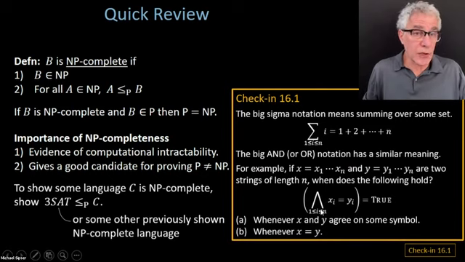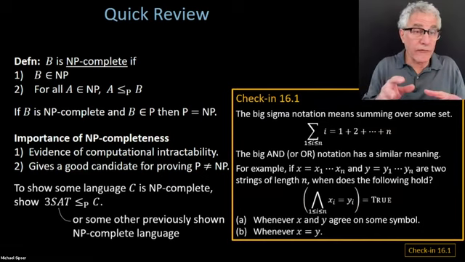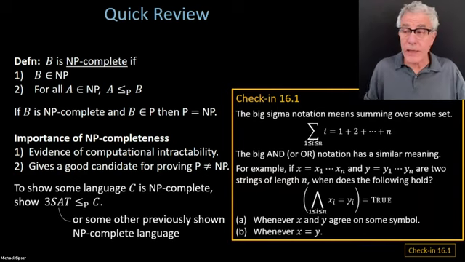So in this case, we're going to be seeing the big AND and the big OR operation. It's a notation which is going to allow us to talk about taking the AND of many things or the OR of many things, because we're going to be building these Boolean formulas, and so ANDs and ORs are going to be the operations that we're going to be focusing on.